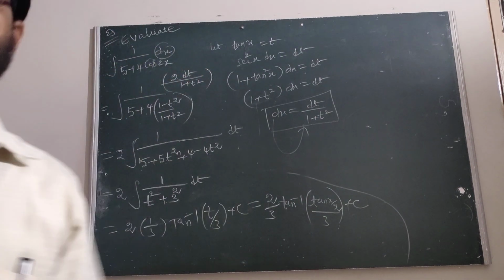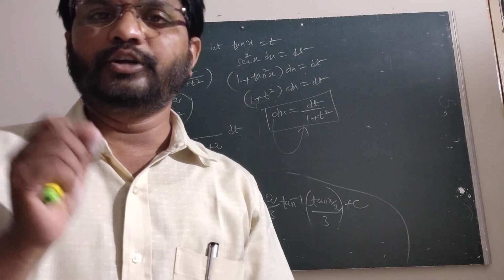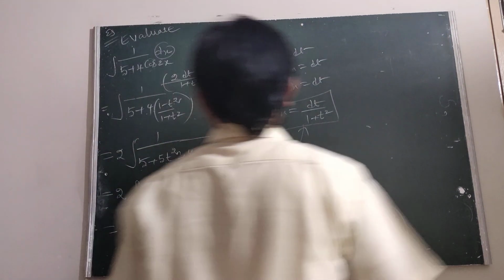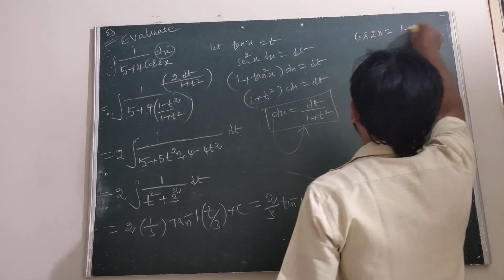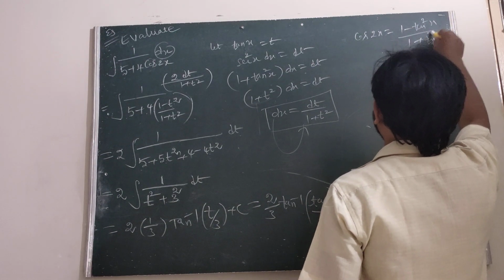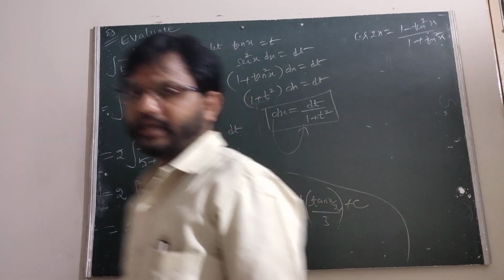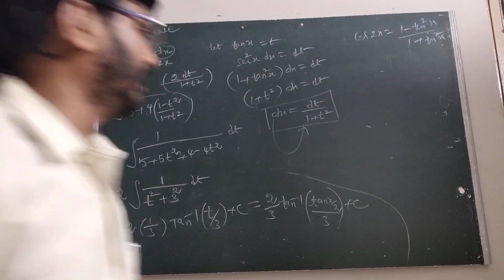But the given question has either cos 2x or sin 2x, so undoubtedly we take only tan x as t, because the form of cos 2x, we know, is 1 minus tan square x by 1 plus tan square x. What is the form of cos 2x? 1 minus tan square x by 1 plus tan square x.